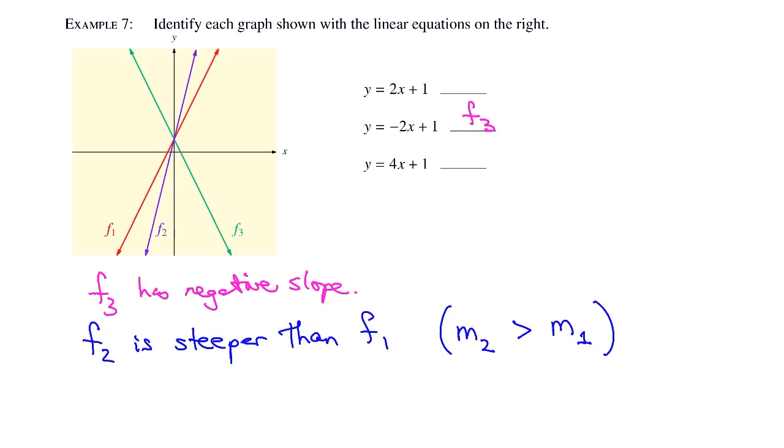If we look at our two remaining equations, we have a slope of 2 and a slope of 4. The steeper slope is 4. So that tells me that F2 must be the equation y equals 4x plus 1, and that leaves F1 to be y equals 2x plus 1. Here we were able to use information about the slopes to distinguish between all three lines.